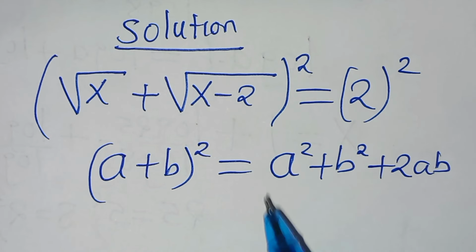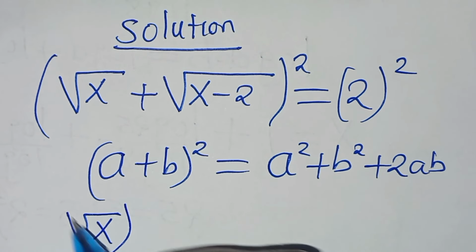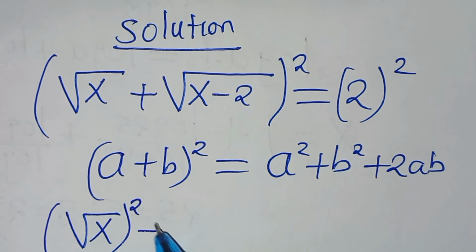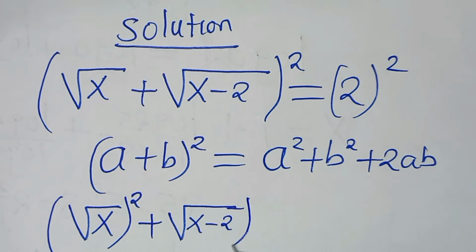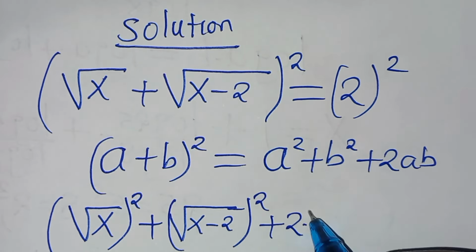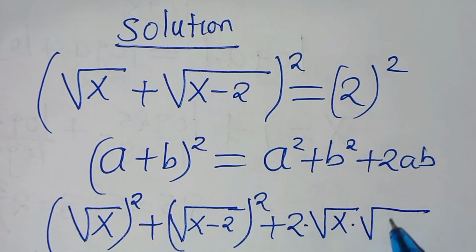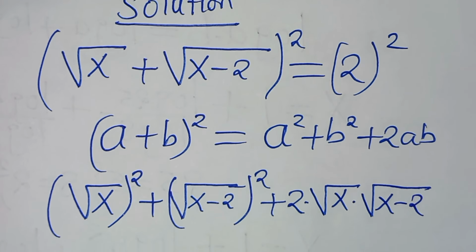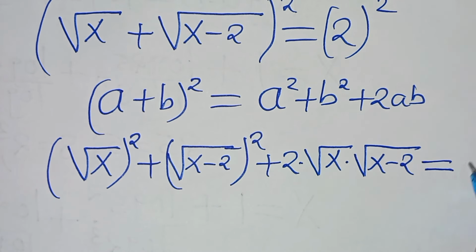Applying this algebraic identity, here we have the square root of x raised to the power of 2, plus the square root of x minus 2 raised to the power of 2, plus 2 multiplied by the square root of x times the square root of x minus 2. This is equal to 2 squared, which is equal to 4.